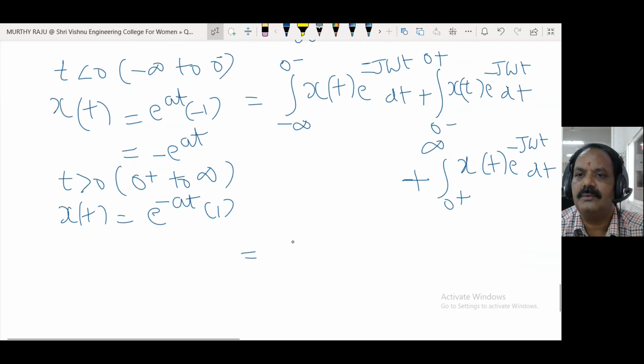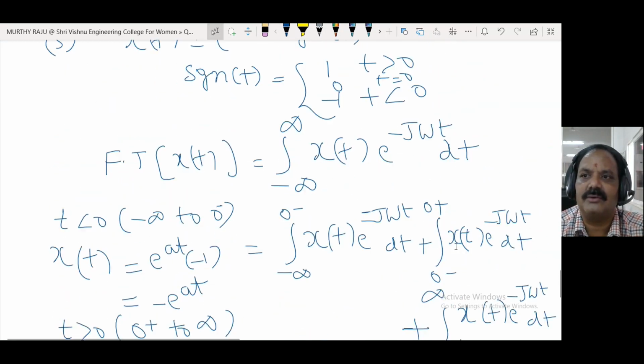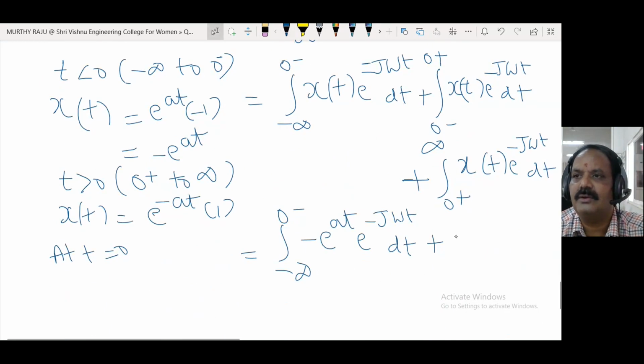That is equal to minus infinity to 0 minus, x of t is minus e power a t into e power minus j omega t dt. At t equal to 0, between 0 minus and 0 plus, signum of t value is 0.